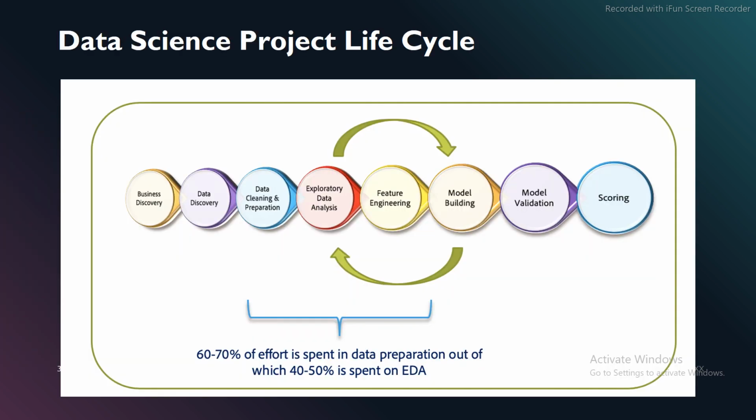Whenever you do any data science project, we go through these stages. First we try to bring some business discovery, meaning you have a business statement at hand. Then you collect some data. Data discovery is whatever data you have, primary or secondary, you try collecting it. Then you have data preparation.